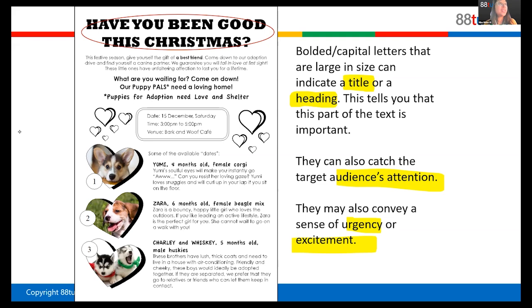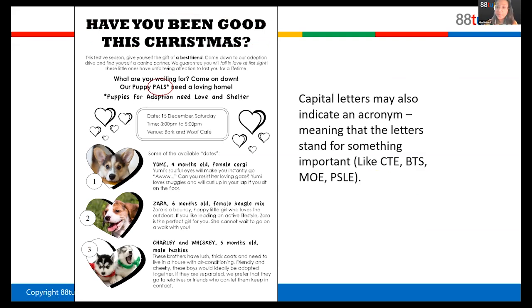Another thing to take note for visual text is this. Sometimes they like to use acronyms. Acronyms meaning the letters are combined together and they stand for something. For example, PSLE is an acronym for what? Primary school leaving exam. Yes, primary school leaving examination, right?